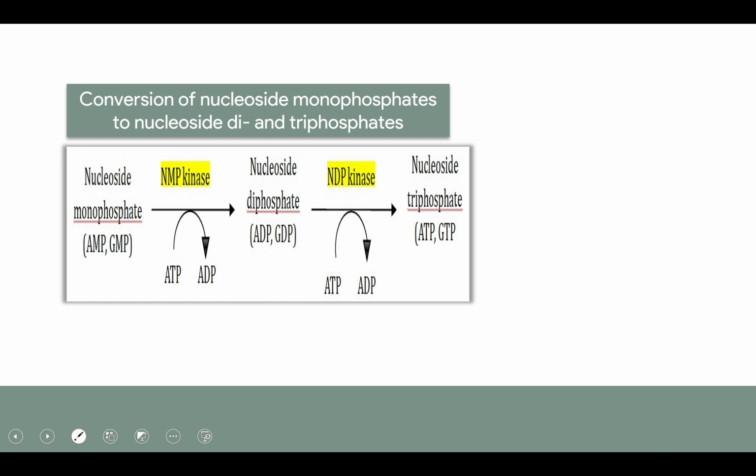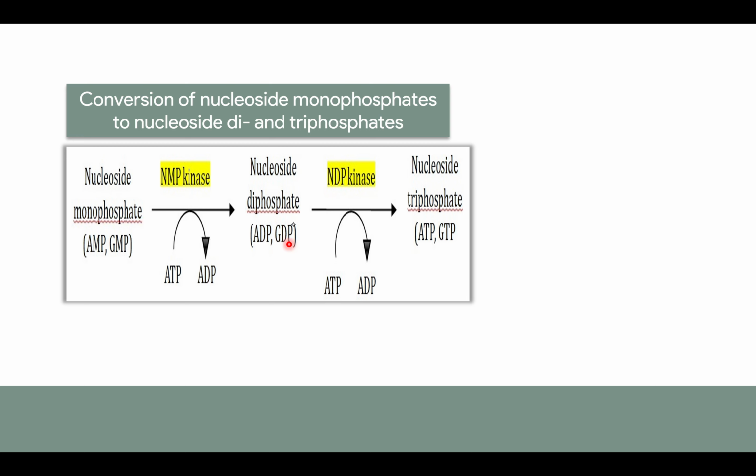Now, how these monophosphates get converted to triphosphates is via the enzymes NMP kinase and NDP kinase. So, nucleoside monophosphate, that is AMP and GMP, in the presence of the enzyme NMP kinase, that is nucleoside monophosphate kinase, utilizes one molecule of ATP to form nucleoside diphosphate, forming ADP and GDP respectively.